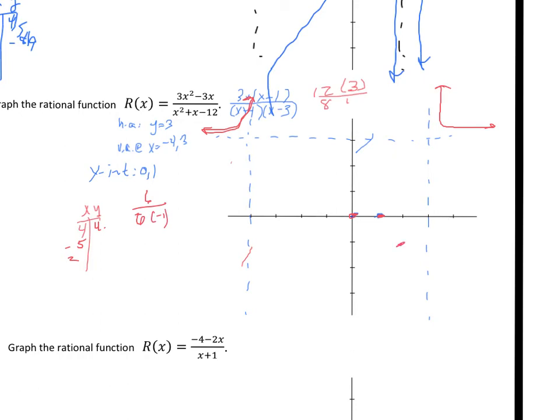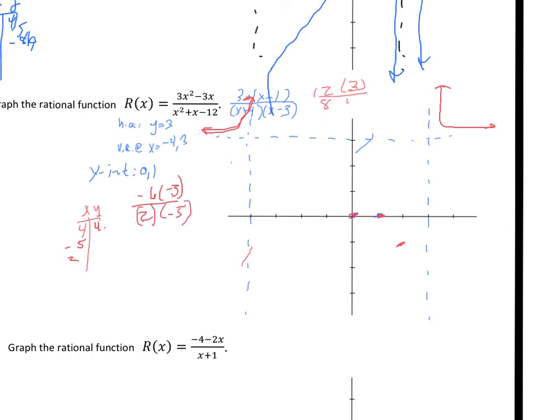Okay. Let's do -2. So 3 times -2 is -6. -2 minus 1 is -3. -2 plus 4 is 2, and -2 minus 3 is -5.